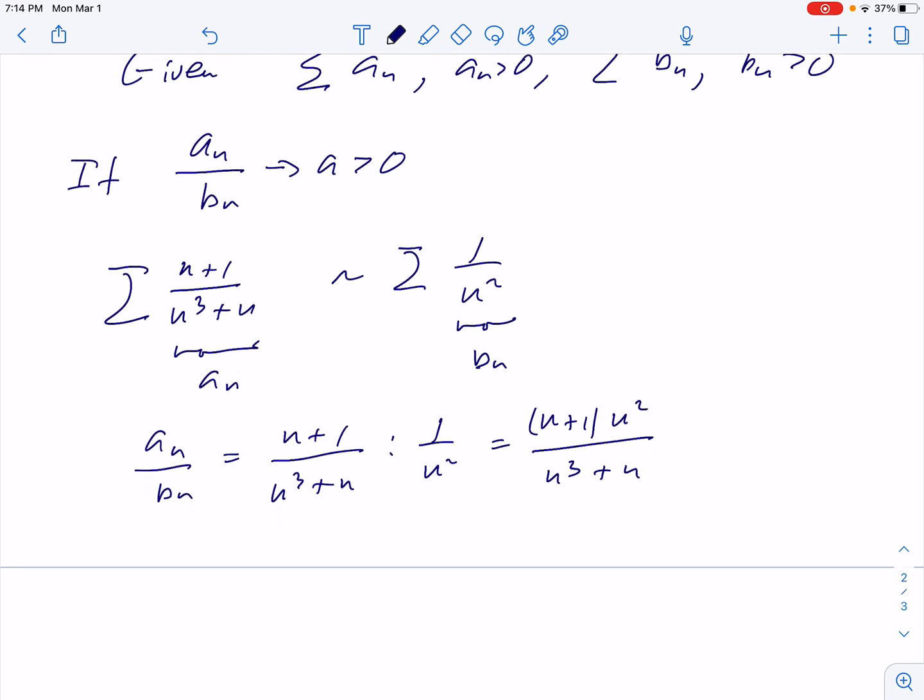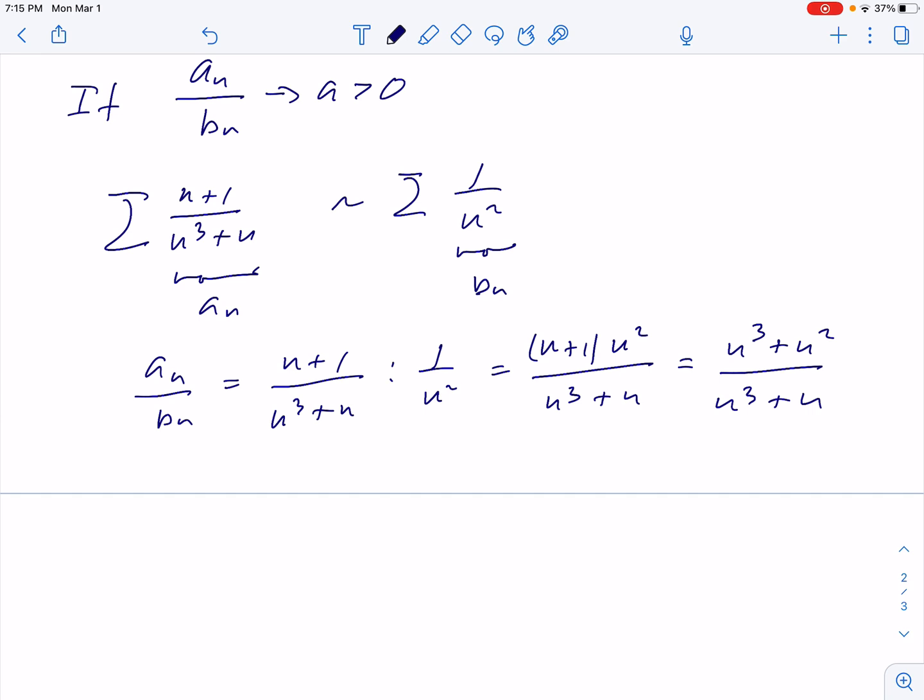And here we can study this ratio. We can simplify right here, or we can simplify later. Let's do it this way. I shall multiply, and this will be n cubed plus n squared over n cubed plus n. How to find the limit of this sequence? Factor out n cubed and reduce, which is the same as dividing top and bottom by n cubed. The ratio will become 1 plus 1 over n over 1 plus 1 over n squared. 1 over n approaches 0, 1 over n squared approaches 0.